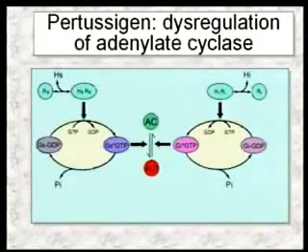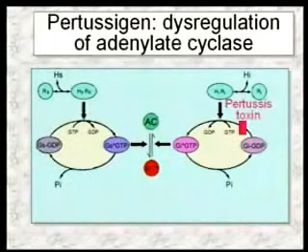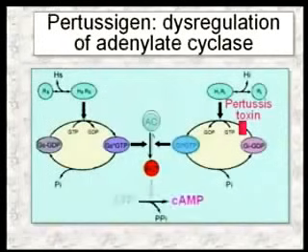Okay, and what pertussis toxin does is ADP ribosylate GI-GDP, and it cannot go through the cycle, and therefore the negative control of adenylate cyclase is interrupted. And as a result, there will be an increase in cyclic AMP because the adenylate cyclase balance has tilted towards the active form.